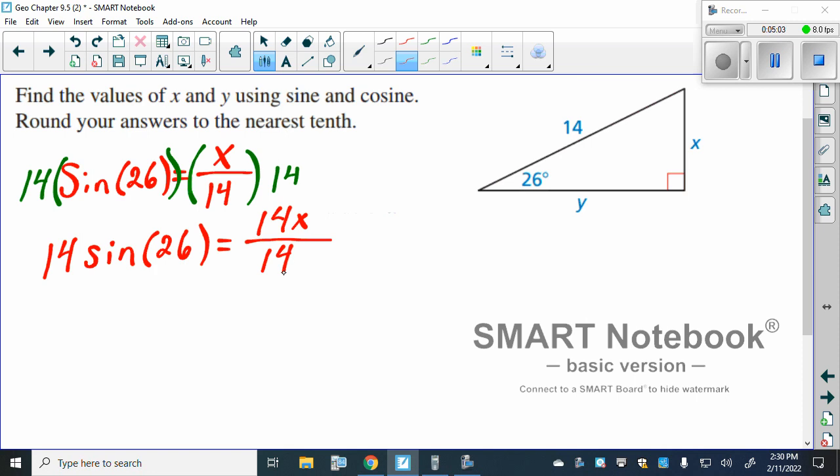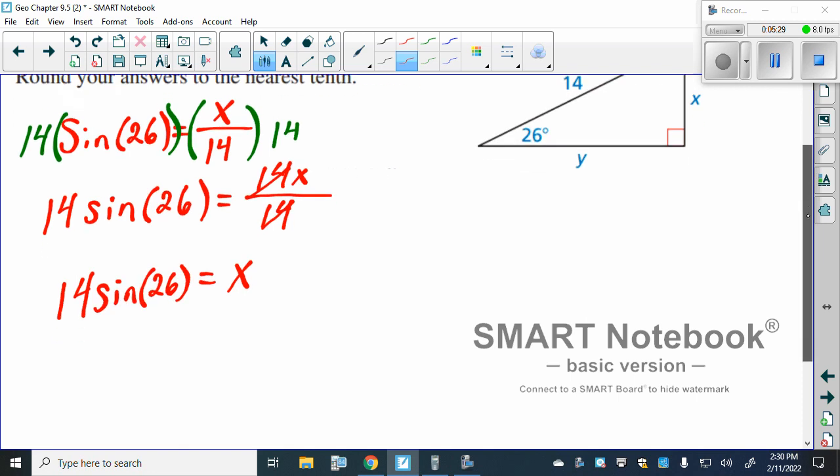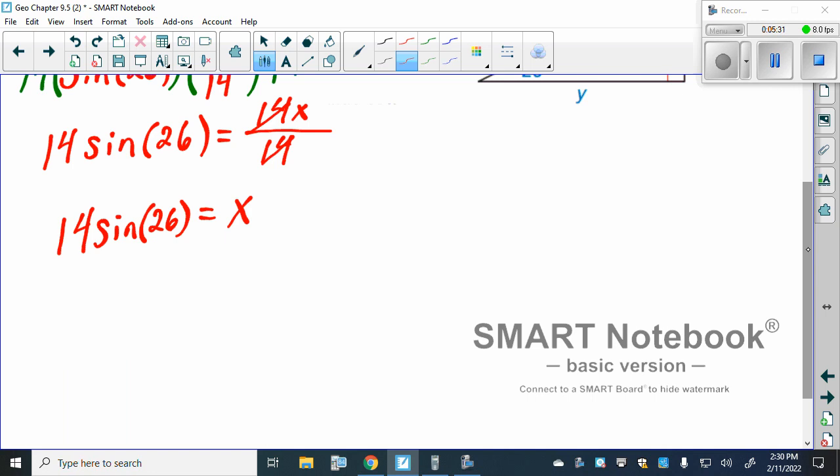We won't have to write this out every single time, I just want to write it out at least once, because here the 14 and 14 will simplify out, because anything divided by itself is 1. So those will go away. On the other side we have 14 sine of 26.